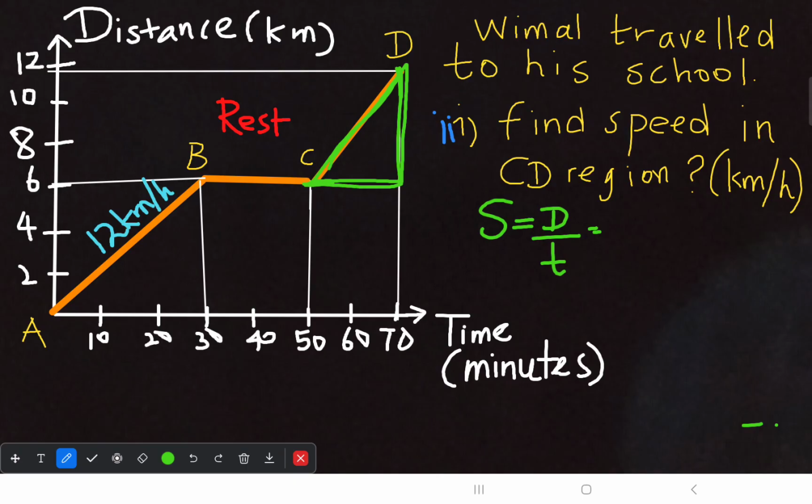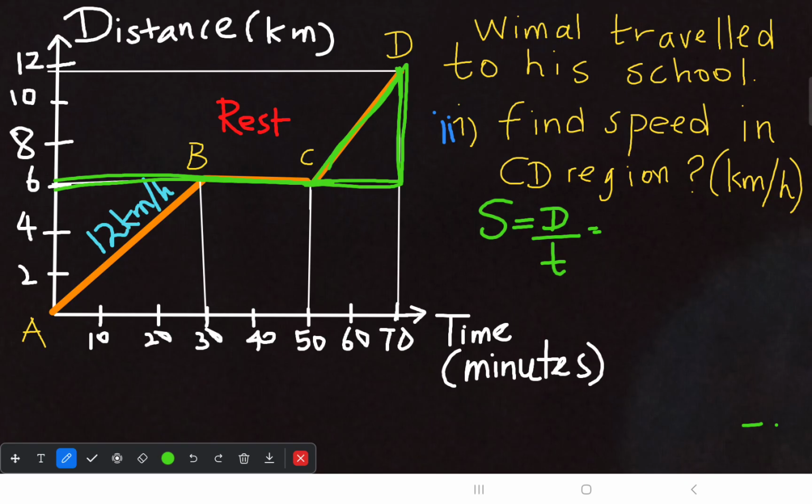Because when he started from C, he already traveled 6 kilometers. So from 6 kilometers, he traveled this distance. We have to find the perpendicular height. He started from C, so the perpendicular height is the distance he traveled.